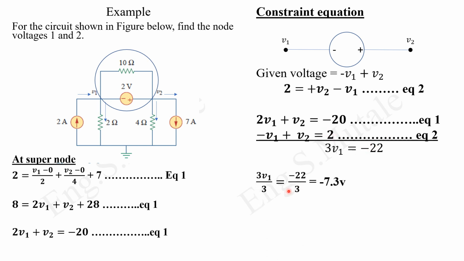If I divide both sides by 3, I'll remain with V1, which is negative 7.3. Okay, and then you pick any of the equations, either this one or this one, but this one is easier. I make V2 the subject from there. Where there is V1, I substitute that value, and I'm going to have V2 as negative 5.3 volts. So those will be the two node voltages. So it's as easy as that.